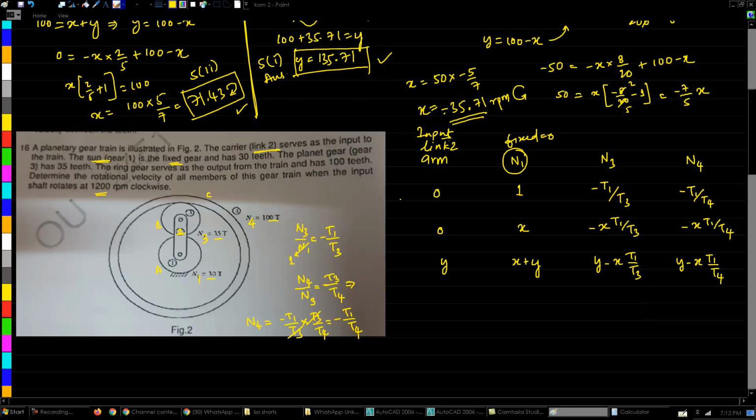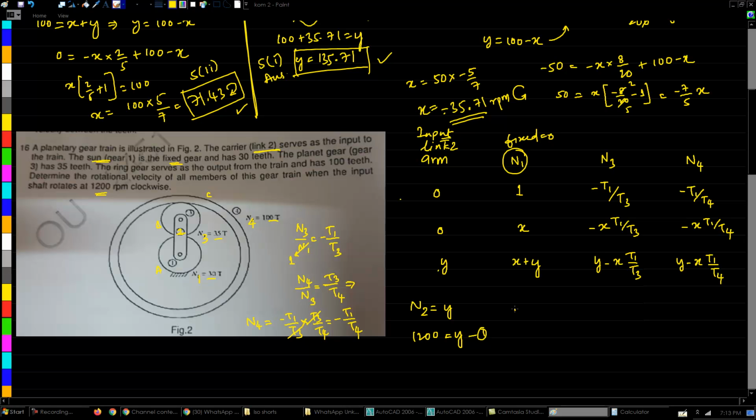So the speed of the arm, or the speed of 2 we can write, because this is the link 2, is equal to y. The speed is given as 1200 rpm, and because it is clockwise we'll just assume it is positive. So that becomes the value of y. This is equation number 1.